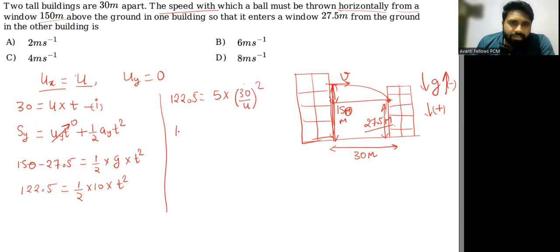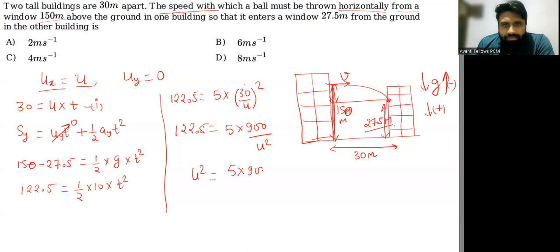Now 122.5 is equal to 5 into 900 divided by u square. U square will become 5 into 900 divided by 122.5.